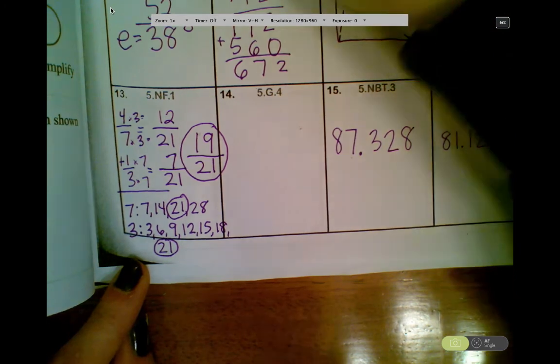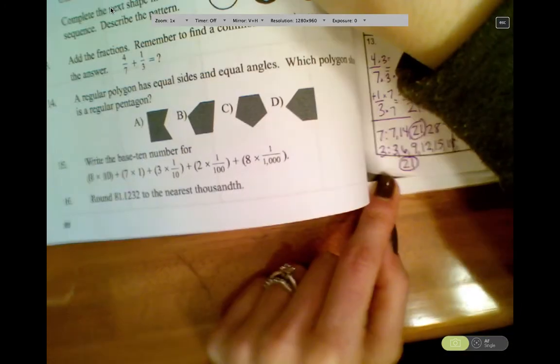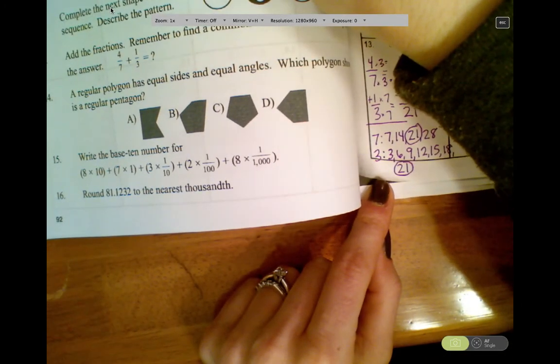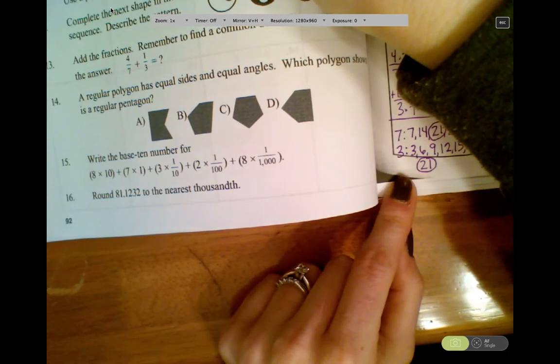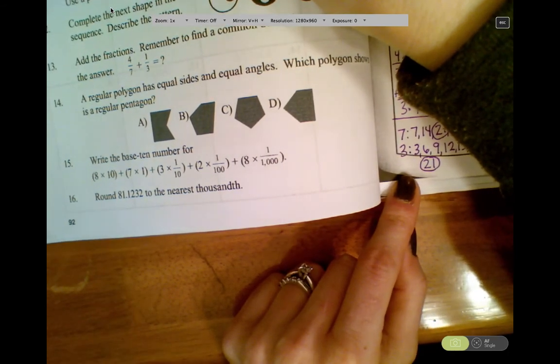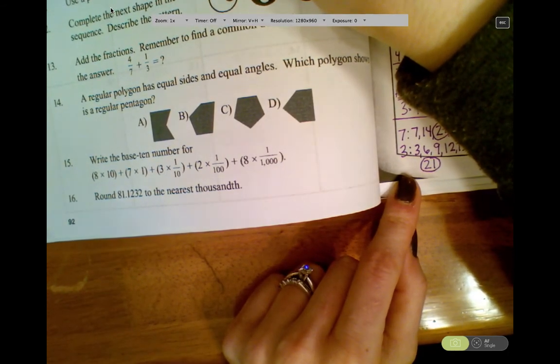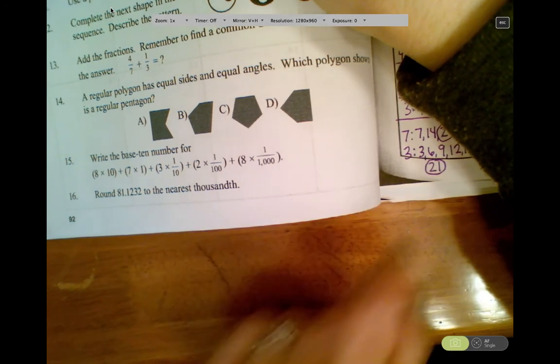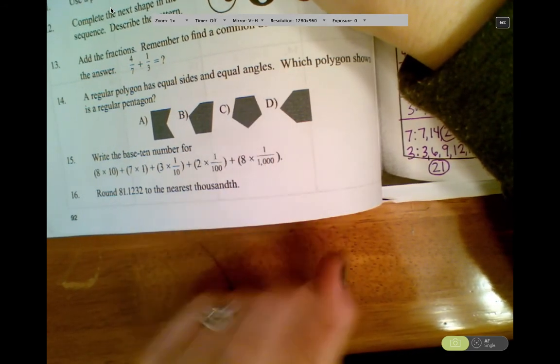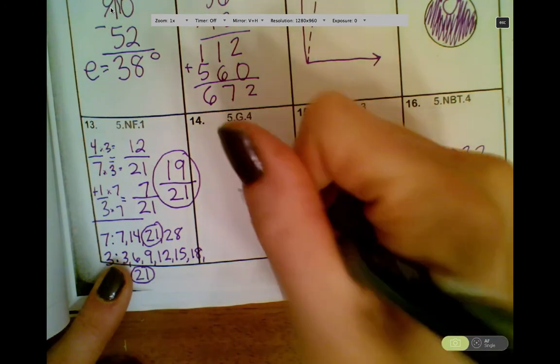Number 14, a regular polygon has equal sides and equal angles. Which polygon shown is a regular pentagon? And your answer is C, because it has all equal sides and all equal angles.